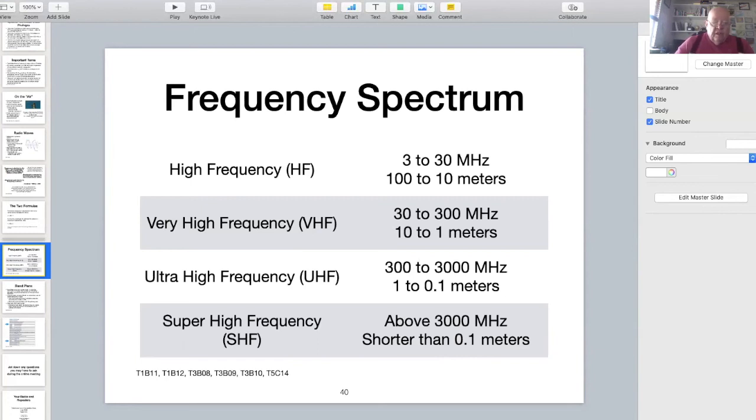The terms HF, VHF, UHF, SHF will become second nature to you, as well as the frequency ranges for each of those segments. And I just remember them by 3s. 3 to 30, 30 to 300, 300 to 3000, and bigger than 3000.